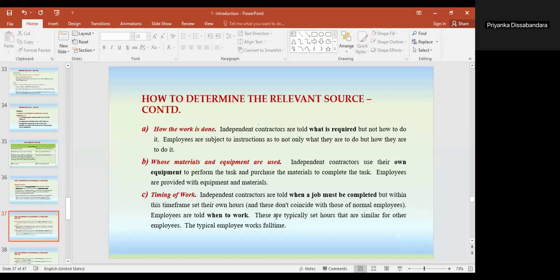For an employee, the employer tells us how we should do it. If we are an independent contractor, no one tells us how to do it. They request only their requirement, but no one tells how to do it. Only the independent contractor knows how to do it.